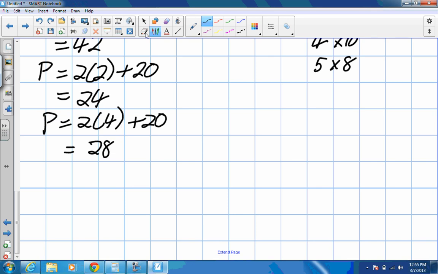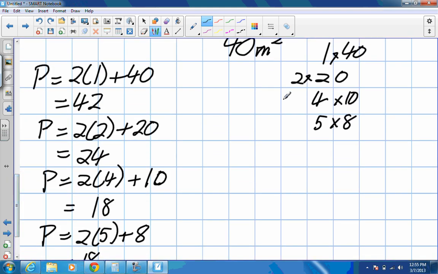Thank you. We should be ending up with 18 as our perimeter. If our width is 5 plus 8, we're ending up with 18 again. So, if you guys notice, because remember I told you about the ratio, these two ended up giving us the same answers. We got 18 meters for both. Okay, both those perimeters are the same.